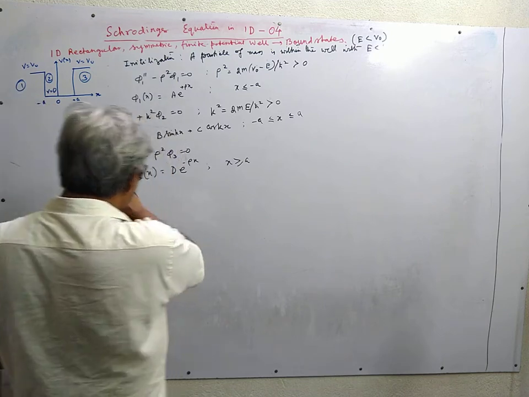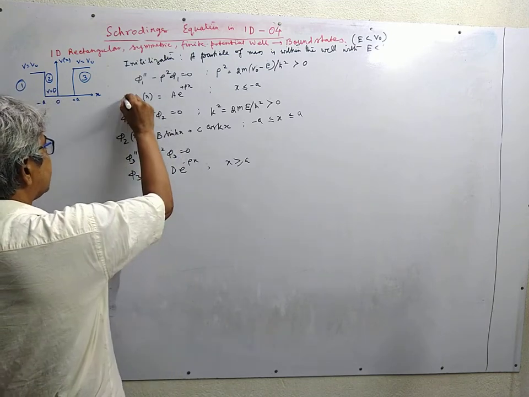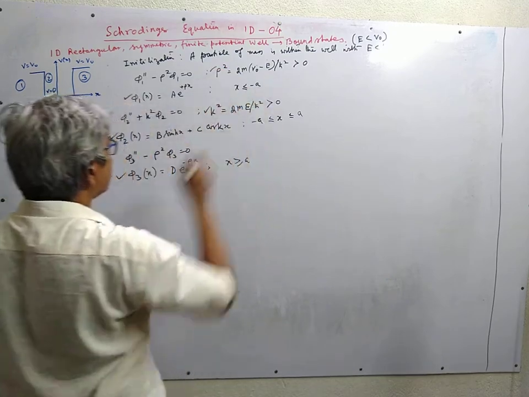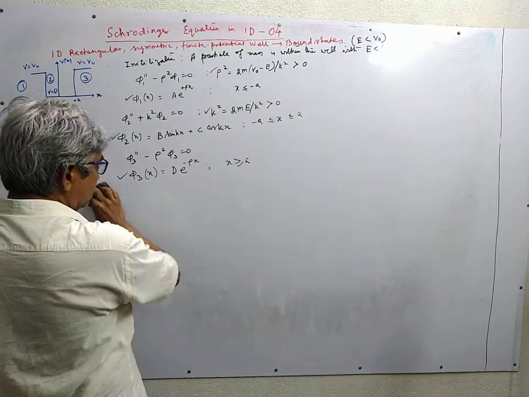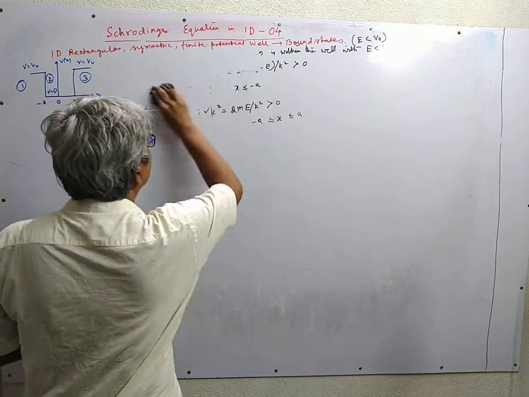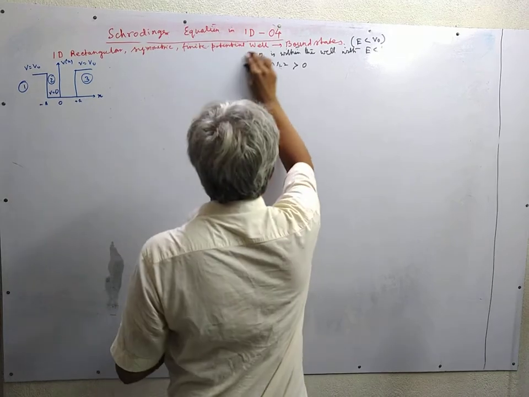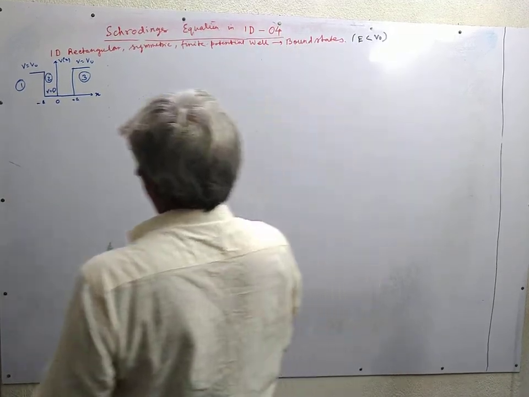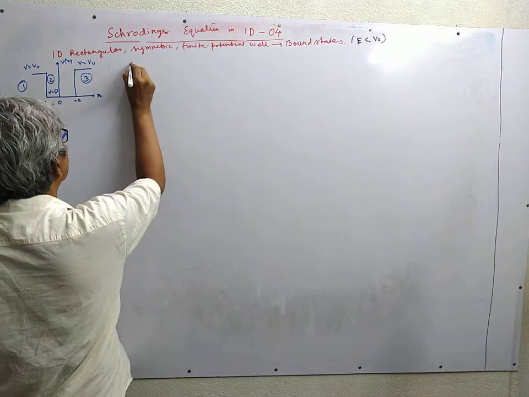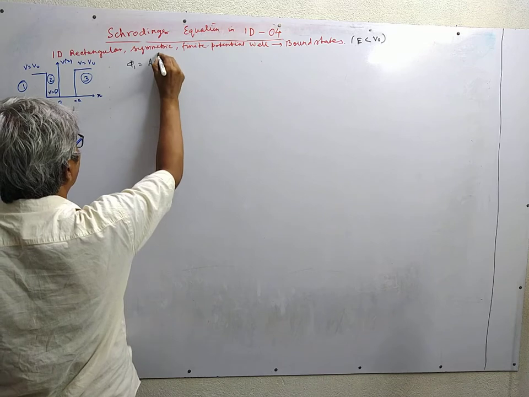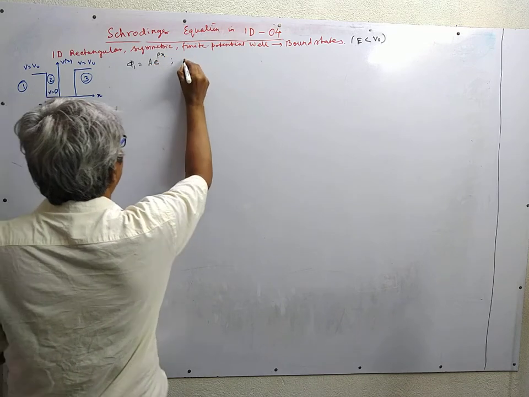So I am just writing the conclusion and erasing all others. Phi 1 is equal to A e to the power rho x.